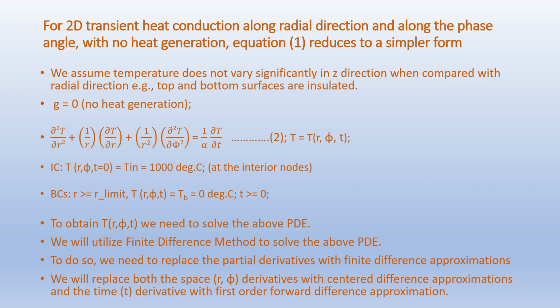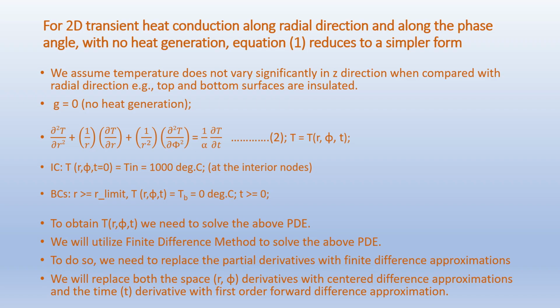Our interest is to do a 2D problem. So for a 2D transient heat conduction along the radial direction and along the phase angle with no heat generation, we'll simplify equation 1 as follows. Here we assume that the temperature does not vary significantly in the z direction when compared with the radial direction, for example, top and bottom surfaces are insulated, and the phase angle as well.